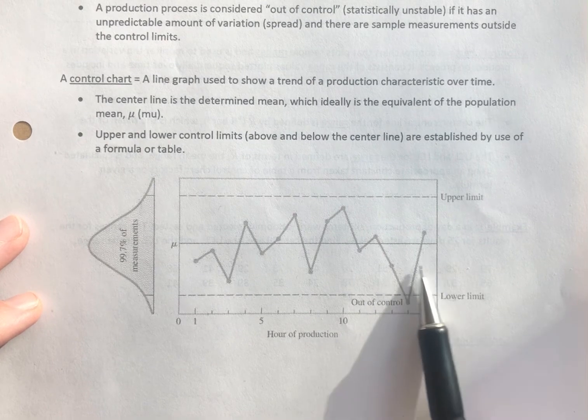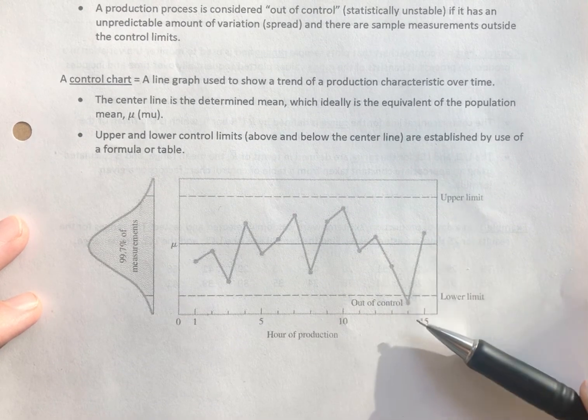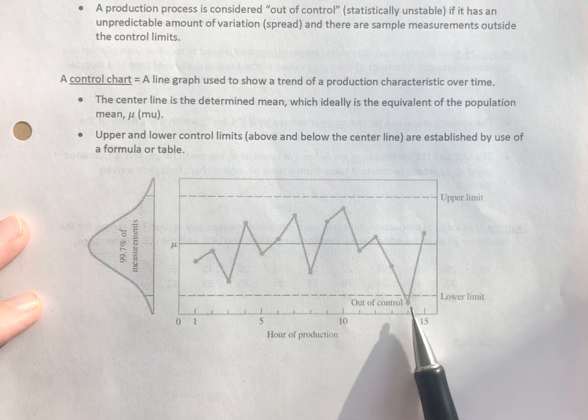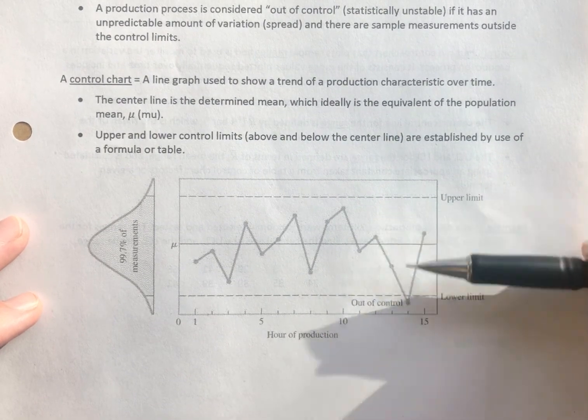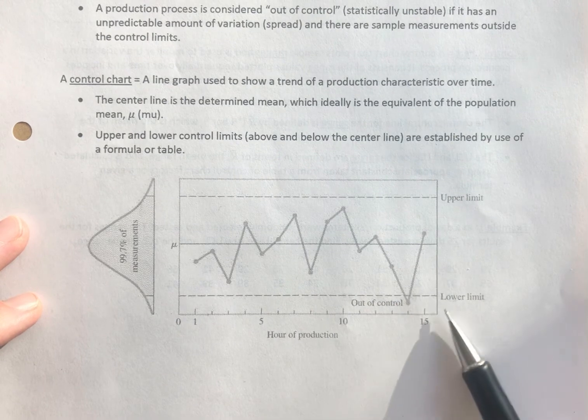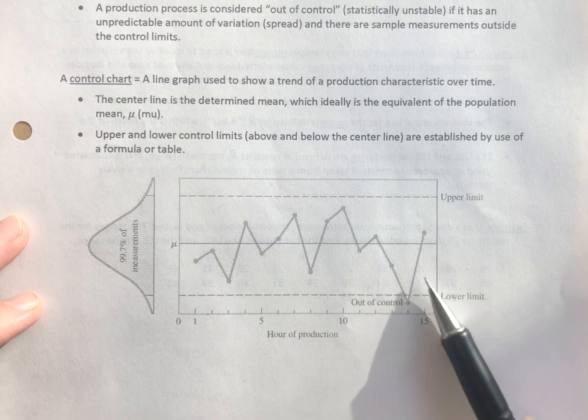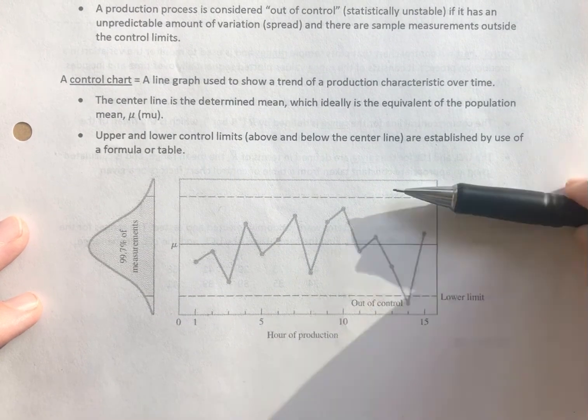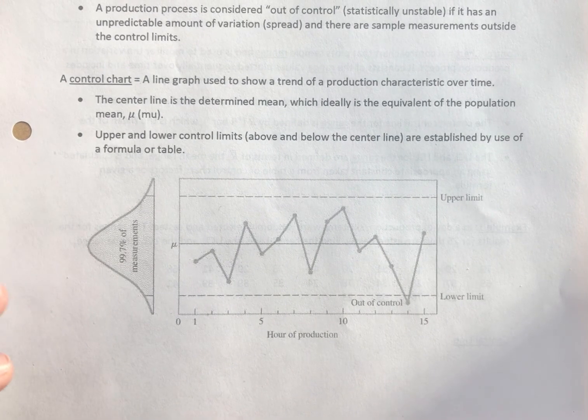We took a sample and it was below the lower limit, and so this is out of control because we want to have it within the limits. So the person in charge wants to see what's going on with this particular process. So there you have it, some basic information about control charts.